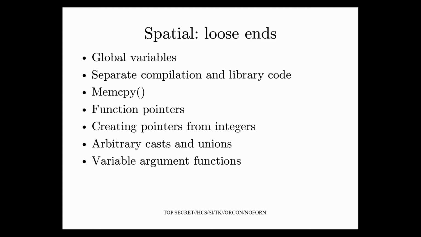Casting is a problem. If you have an integer and you create a pointer from it, at that point in time, the C compiler has completely lost track of the original type of the data that went into there. So essentially, there's nothing sensible you can do there to prevent buffer overflows. So what SoftBound does is, if you cast an integer to a pointer, it gets a bound of 0, so you cannot write to that memory access.